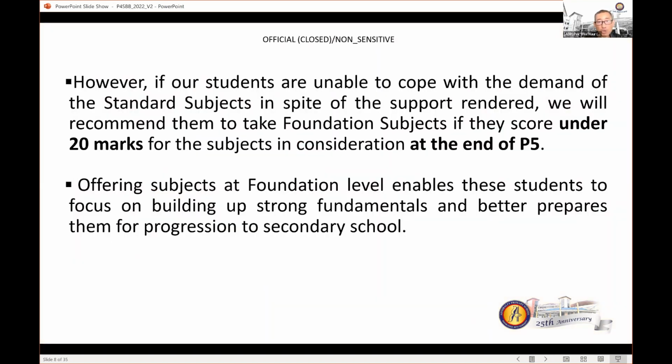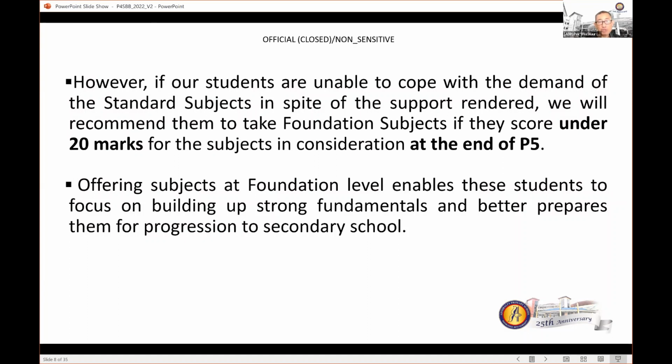Just to explain, at the end of primary 5, we talk about how we are quite generous and always want to push our students to do standard subjects. At the end of P5, or sometimes earlier, if the child is already showing signs that he or she is not able to cope with the standard, we might move them to foundation subjects before the end of P5.